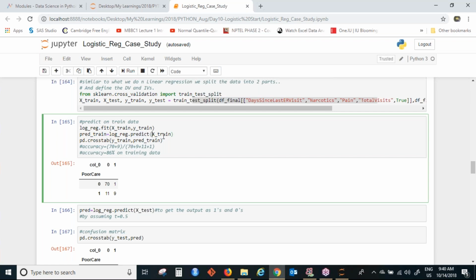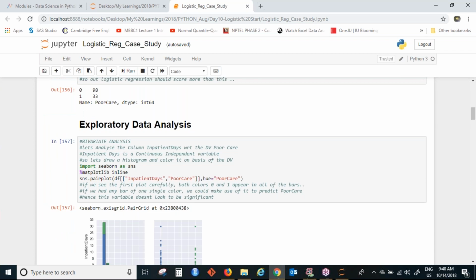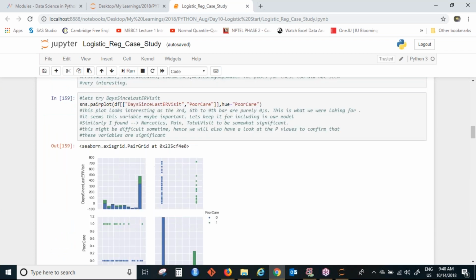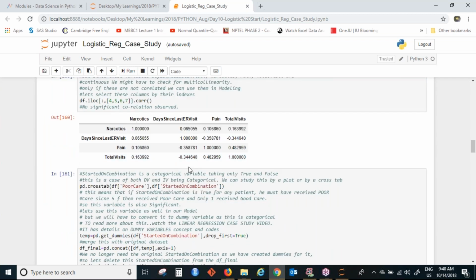Yeah, all that is done here, Arpita. I'll come to that. Correlation check is not required here. You cannot do a correlation check with the dependent variable because the dependent variable is only 1 and 0. So there is no meaning of correlation here with the dependent variable like you used to do in linear regression, where you checked the correlation of dependent with the independent.